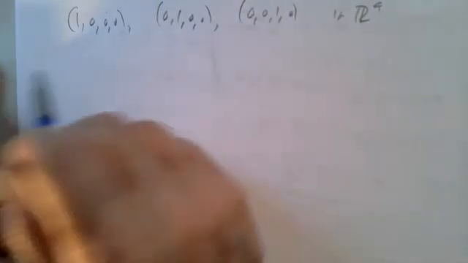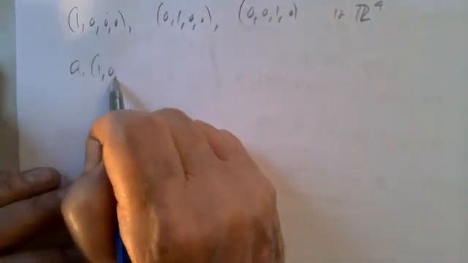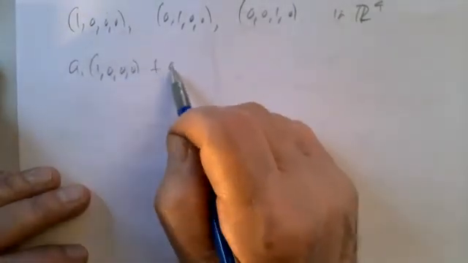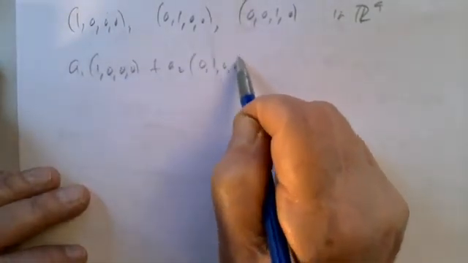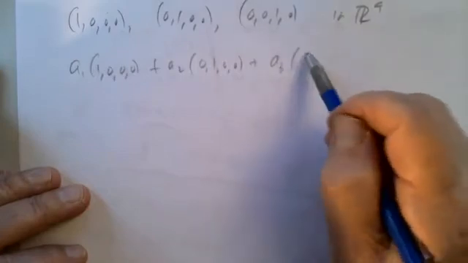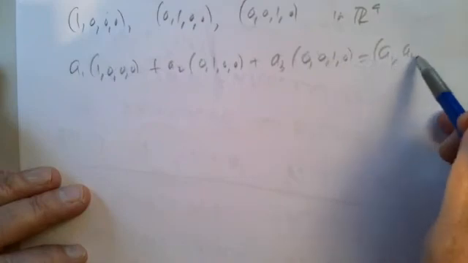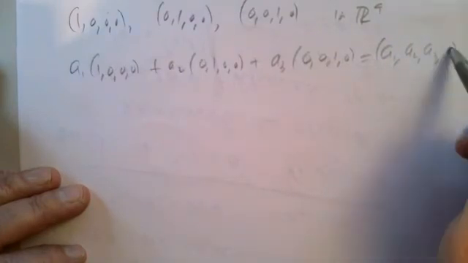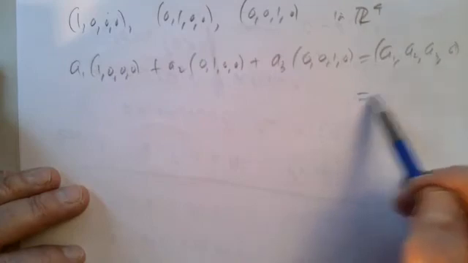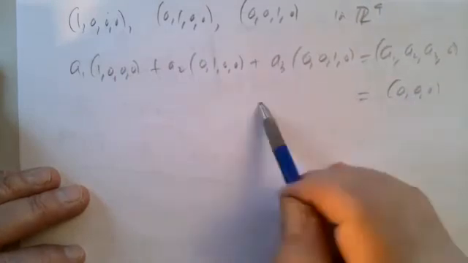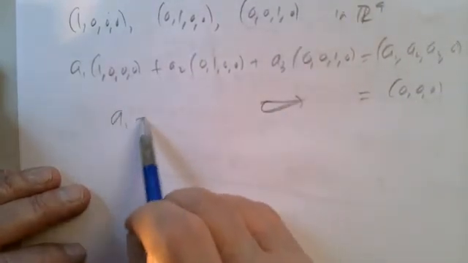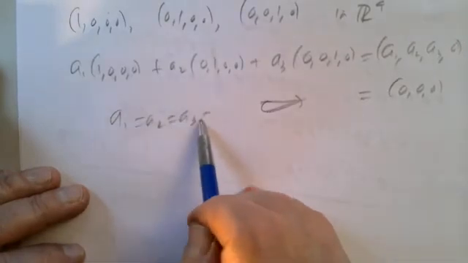Because if you take any linear combination of these, what you get is (a1, a2, a3, 0). And the only way this equals the zero vector is if all these scalars are 0. So these are three linearly independent vectors in R4.